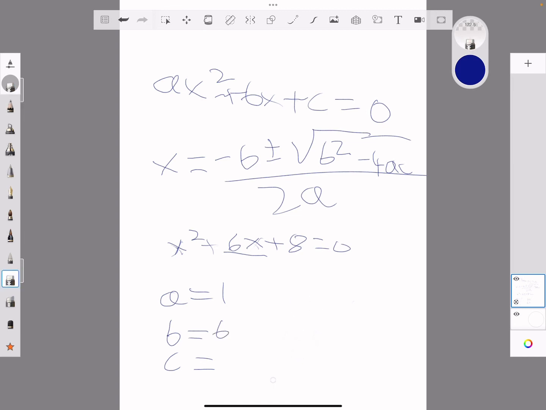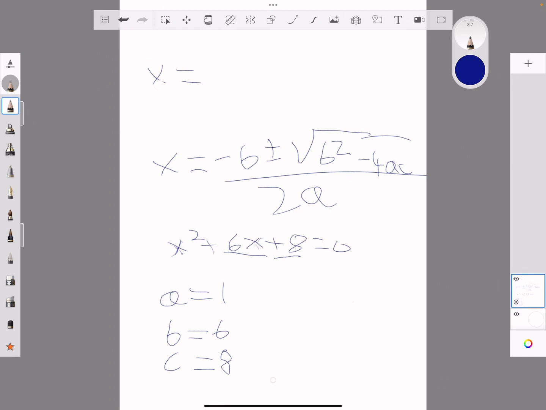Next is c, and we can already tell this is 8. Now, we can say bye-bye to this. How we find the value of x is this gigantic formula.